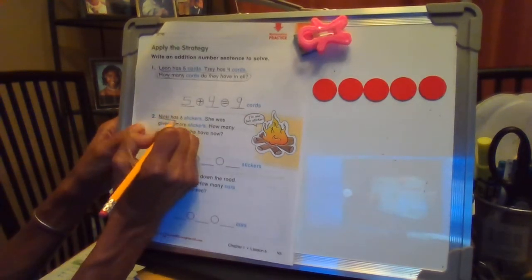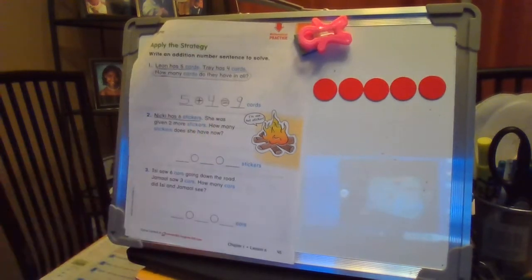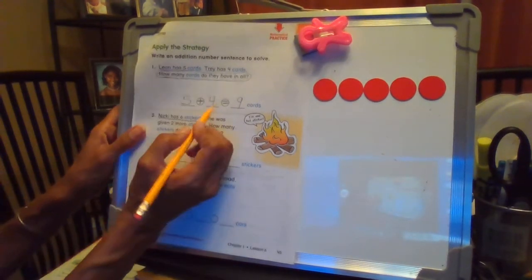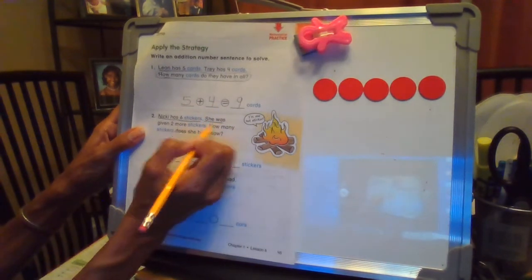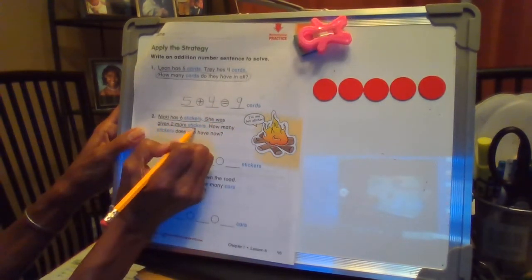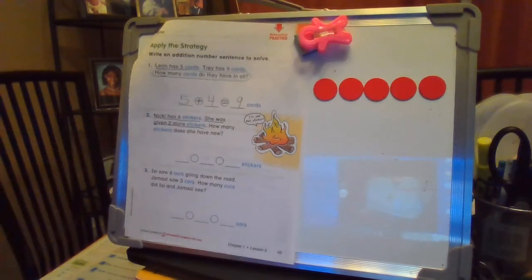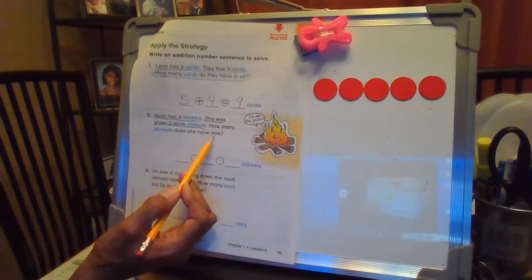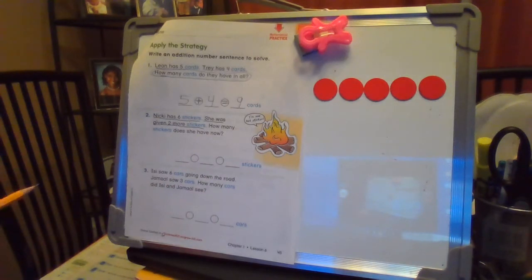So I'm going to underline that sentence. Then it says she was given 2 more. So I'm going to underline that sentence. Then it says how many stickers does she have in all? Or how many stickers does she have now? So I'm going to have to join. And I'm going to have to figure out, well, how am I going to solve this problem?